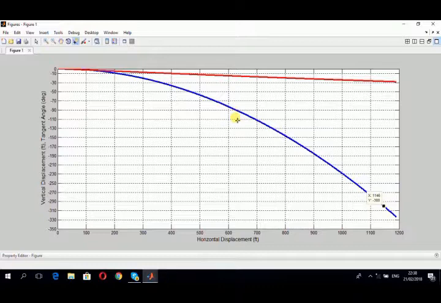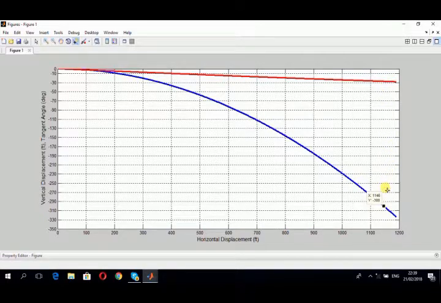So we expect a negative angle for any tangent on this path and a negative slope at any point of this path. That's why all the values on the red curve are negative. As we said, any tangent here has a negative slope and a negative angle.